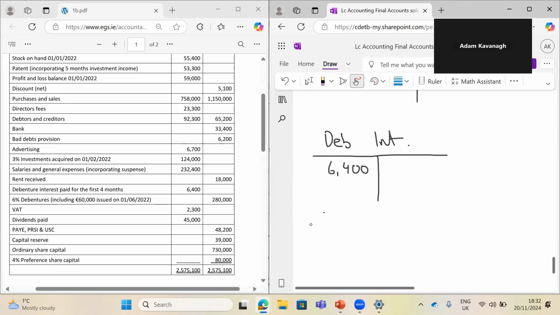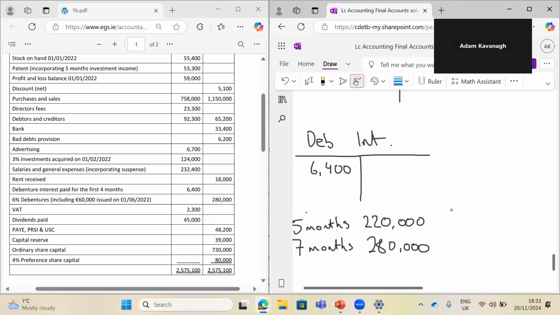So for the first 5 months of the year, it was valued at 220,000. For the remainder of the 7 months, we had a top up of 60,000, which brought it up to 280,000. And the percentage rate is 6%.